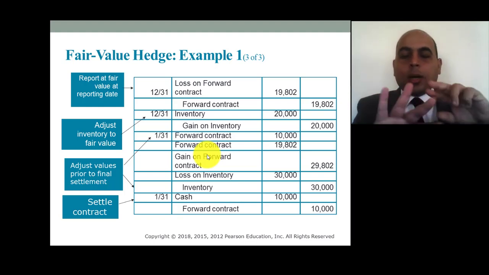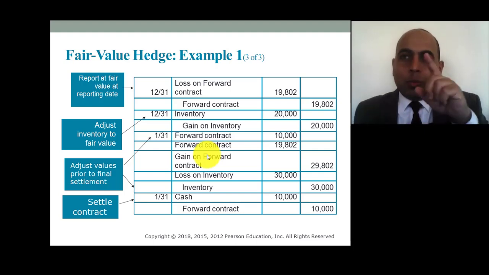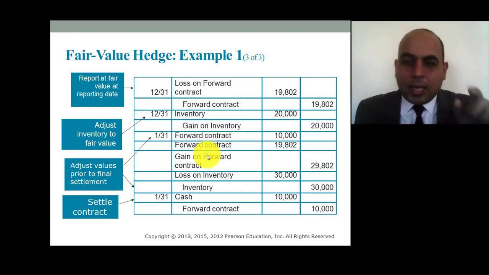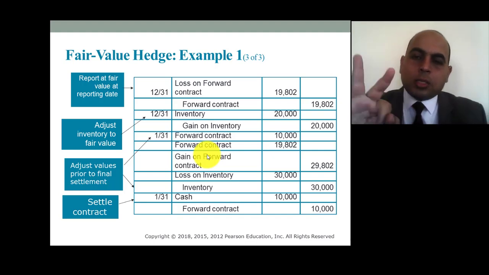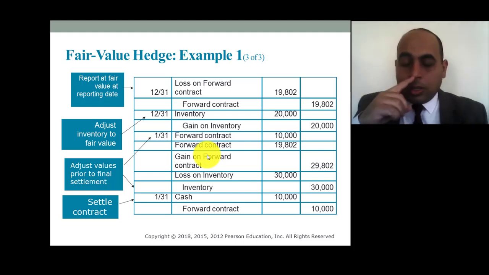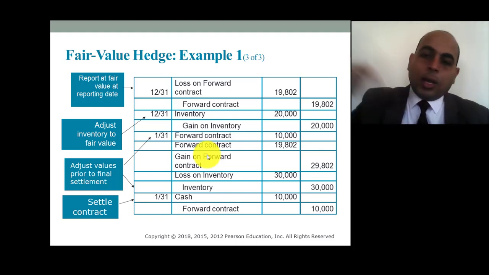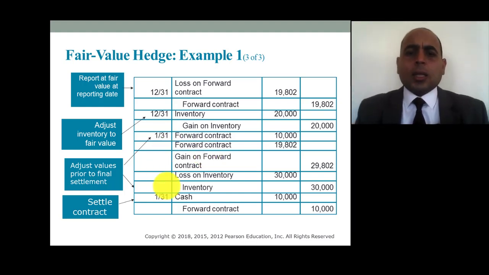So in total we are talking about 20,000 plus 10,000, the remaining amount, the difference between 90 and 89, $1 multiplied by 10,000 barrels. So in total we are talking about $30,000, but this amount is divided into the loss on forward contract that we have already recognized at present value, and the 10,000 that we gain right now.